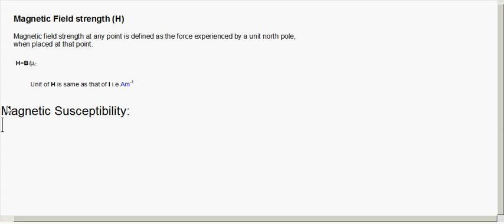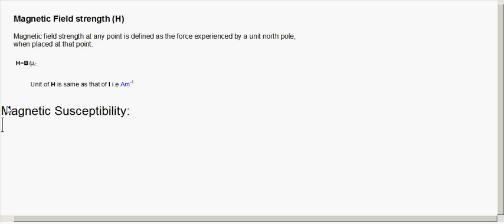The magnetic susceptibility of a magnetic substance is defined as the ratio of intensity of magnetization I to the magnetic intensity H. It will give us an idea how easily we can magnetize a material. Based on magnetic susceptibility, we can classify the magnetic materials. So remember, magnetic susceptibility will give us an idea how easily we can magnetize that material.